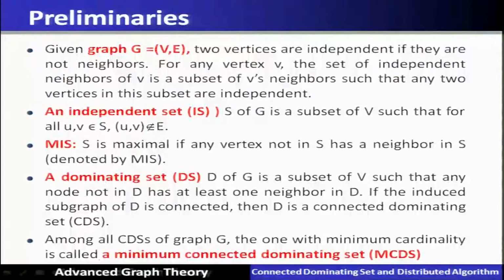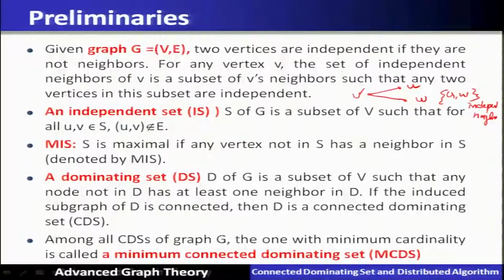For example, let us say this is the vertex V, it has the neighbors, let us say U and W. So, U and W, they are independent neighbors. Why? Because there is no edge connection between them.